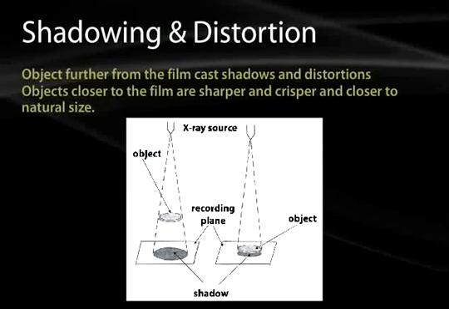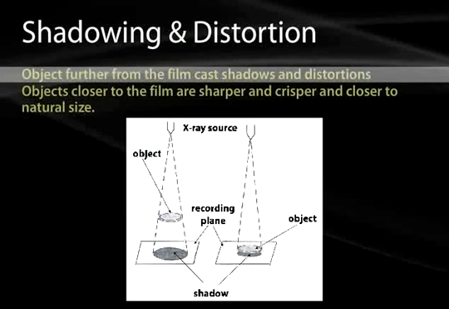Shadowing is an important concept that you should make sure you understand for trying to interpret what's happening in film. Because shadowing can not only introduce artifacts to films, it can also be used to understand the positioning of what's happening. If you have an object that's further from the film or the digital pickup detector, the X-rays will cast shadows just like a flashlight.